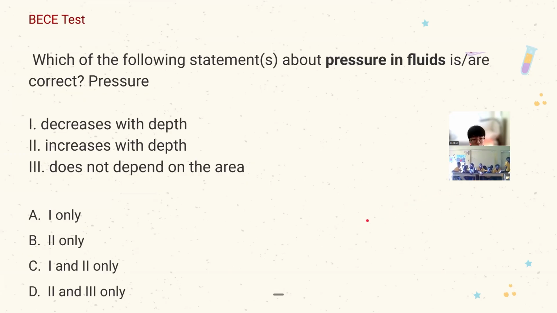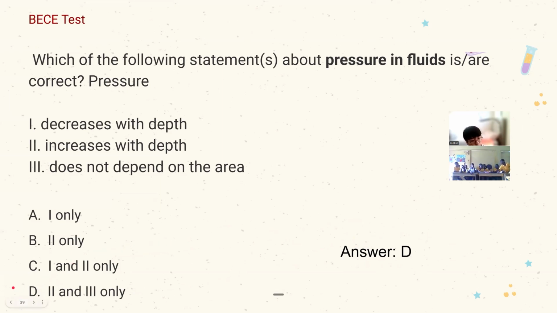Maybe I'm hearing a couple of D's. If you said D, that would be correct. I think I heard someone say D, and that is correct.